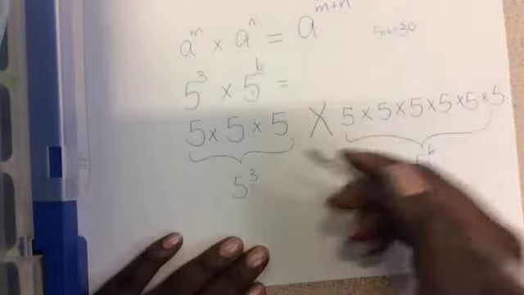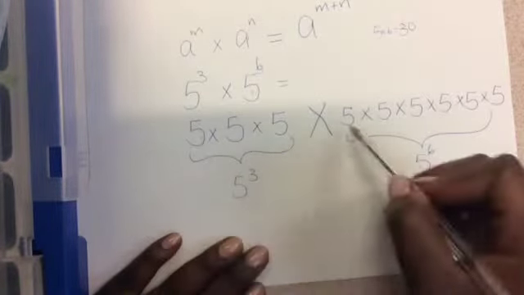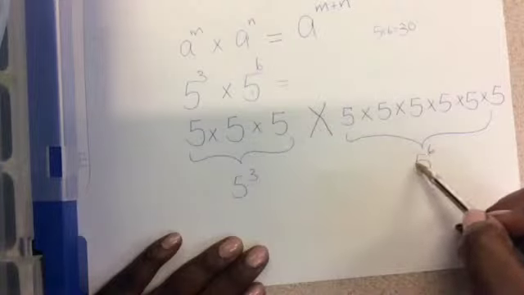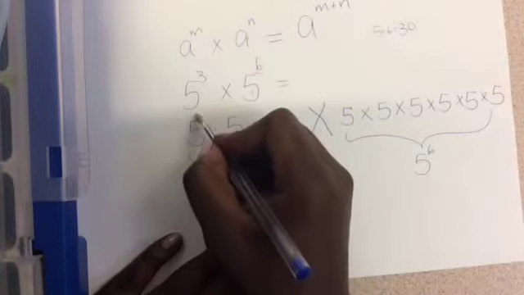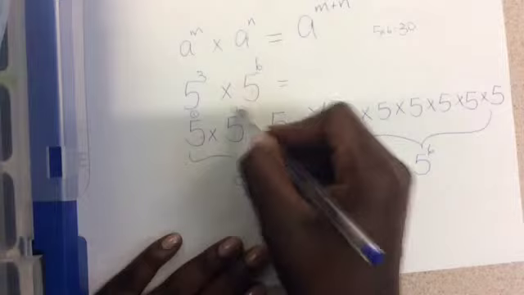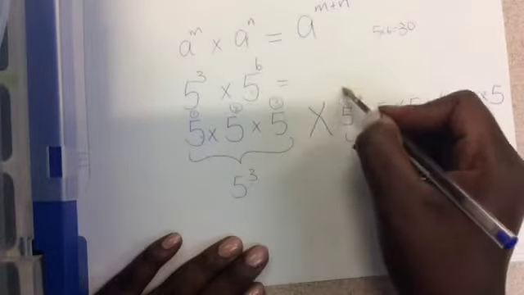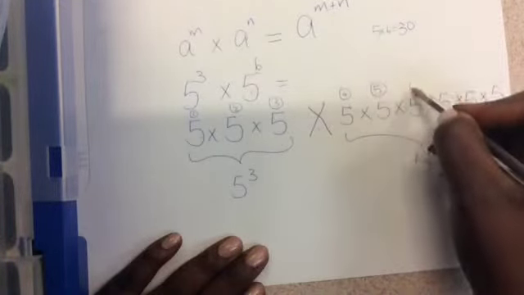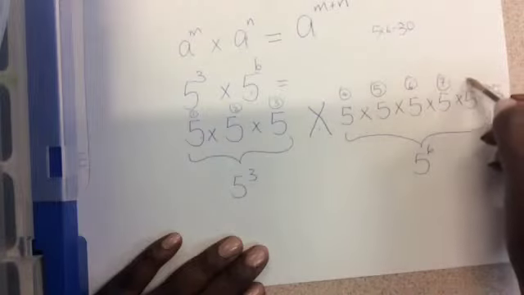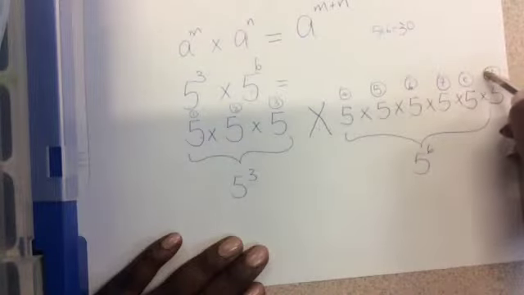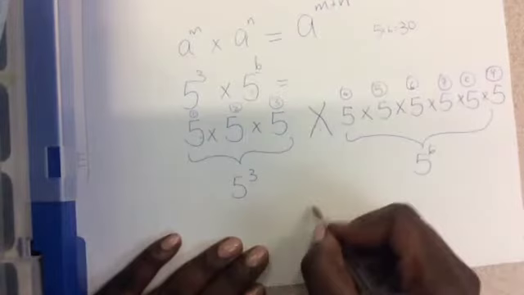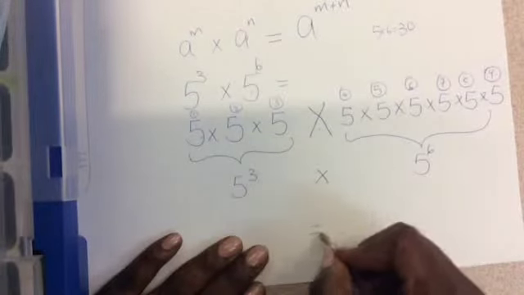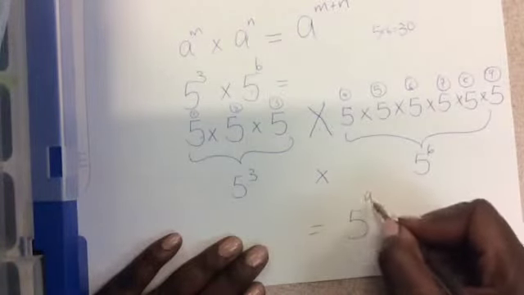Okay? Now, 5 to the power of 3 times 5 to the power of 6, let's see how many 5s we have. We have 1, 2, 3, 4, 5, 6, 7, 8, 9. So therefore, we have 5 to the power of 9.